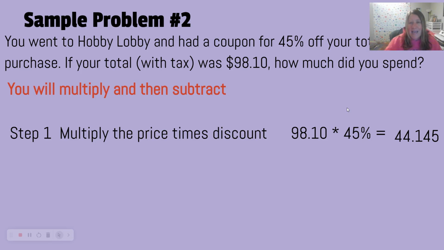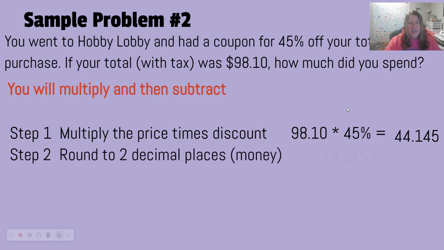So what is the actual amount of the discount? Because we have to round it to 2 decimal places. $44.15. Because that third decimal is a 5, so you give the 4 a shove. 44.15.